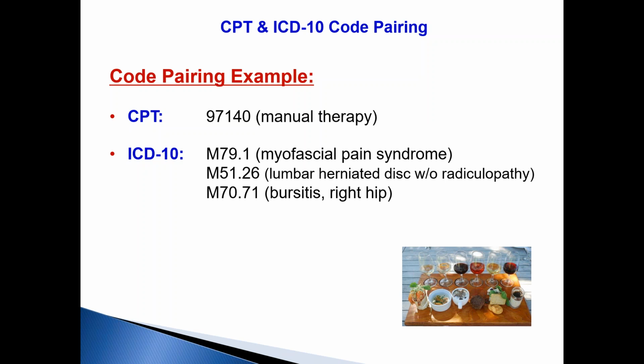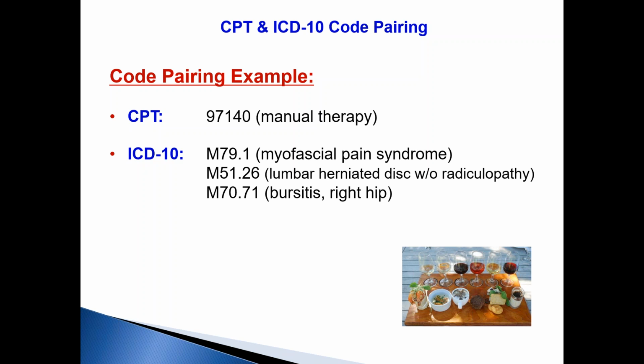Next, manual therapy, 97140. Manual therapy, again, what's the clinical rationale for applying manual therapy? Well, it's used to stretch, shorten connective tissue. It's used to increase, facilitate fluid exchange. It could be done with myofascial release or manual traction, soft tissue mobilization.